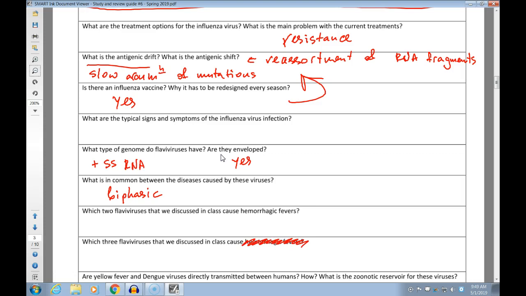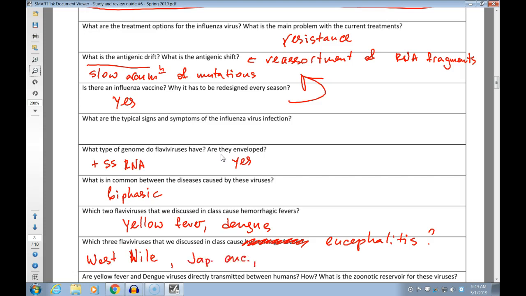Which infections cause hemorrhagic fevers? I didn't realize that I copy-pasted it and didn't correct the second statement. Which flaviviruses cause encephalitis? West Nile, Japanese encephalitis, tick-borne encephalitis.